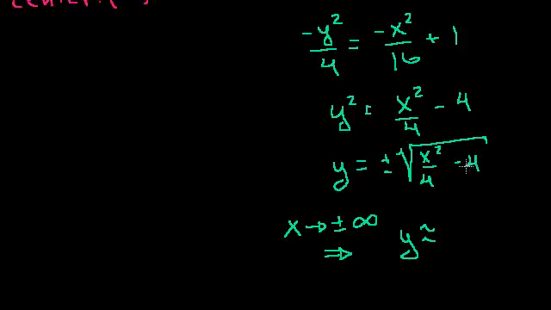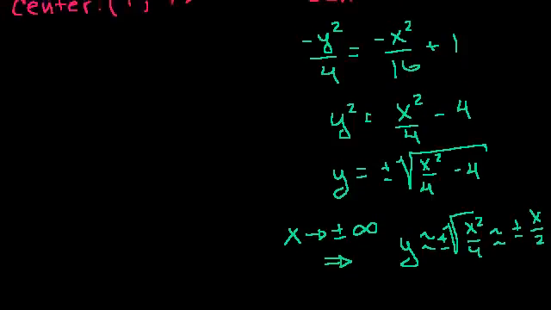And this is going to be just like, you can almost use round off error. You take the square root of that. And so this is going to dominate. So as you approach positive or negative infinity, y is going to be approximately equal to the positive and negative square root of x squared over 4, so y would be approximately equal to positive or negative, what's the square root of this? x over 2, or 1/2 x.